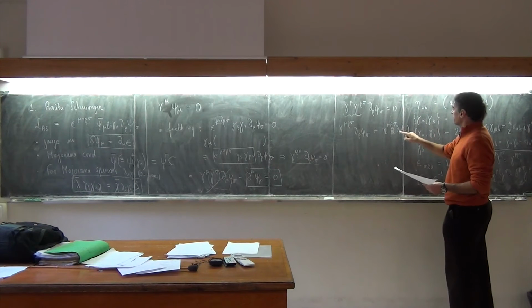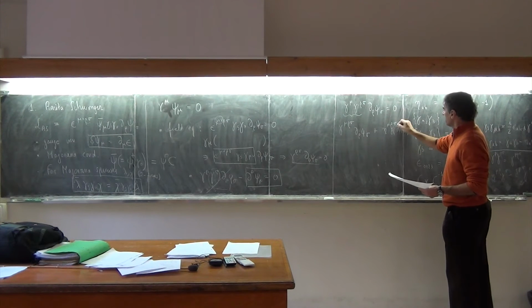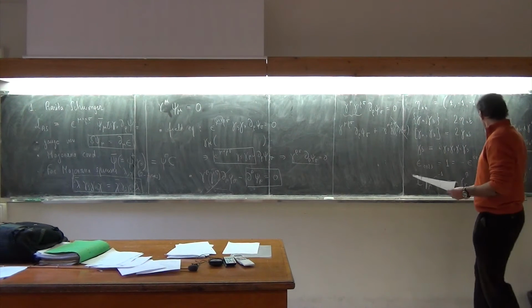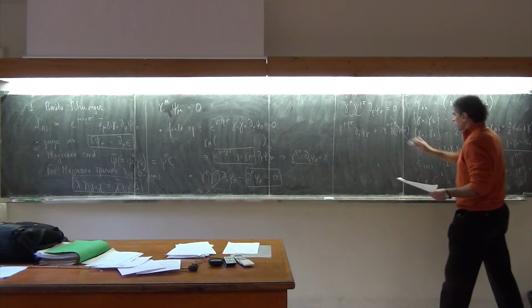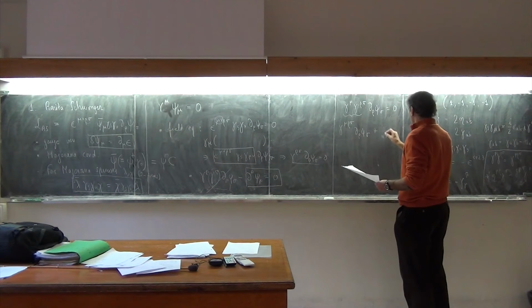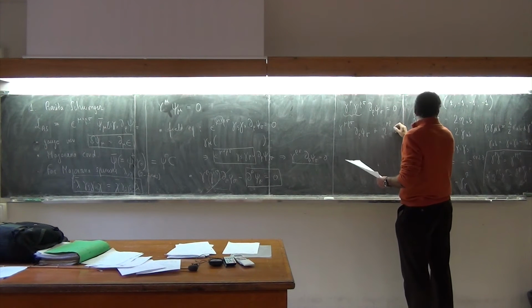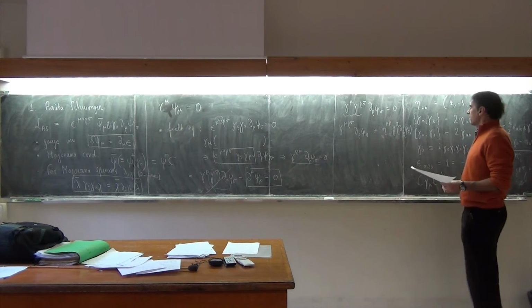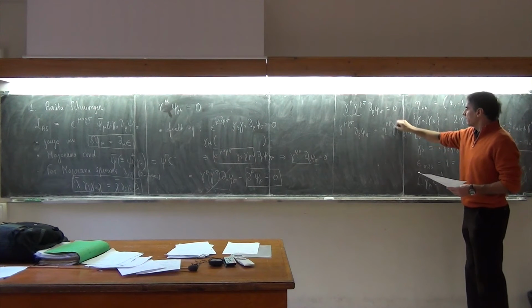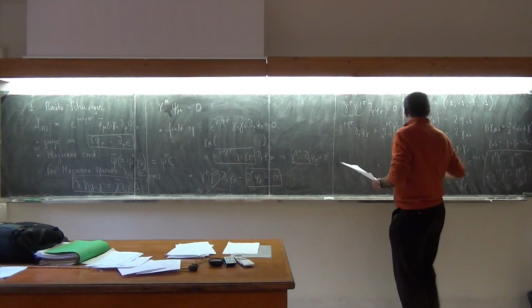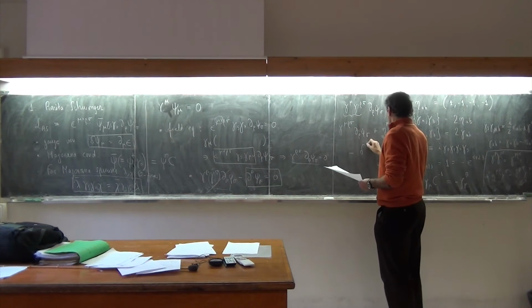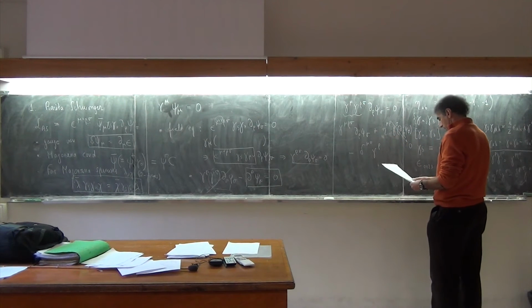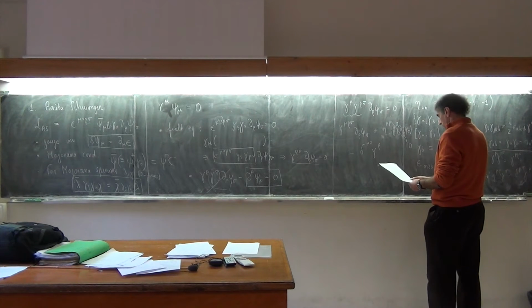But you see, this gamma sigma will kill this psi sigma inside again, and so this will be 0. Plus eta mu rho gamma sigma 0 psi sigma. Okay, but this gamma sigma psi sigma again 0 minus you have an eta mu sigma, it's gamma rho, 0 psi sigma.